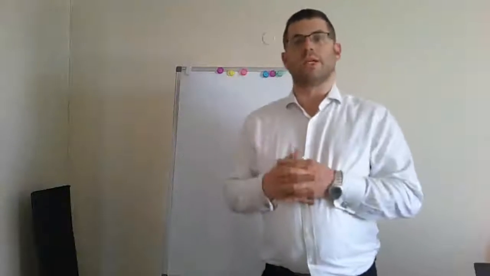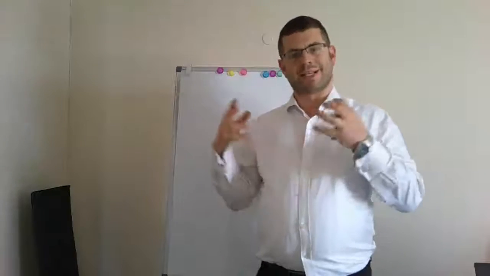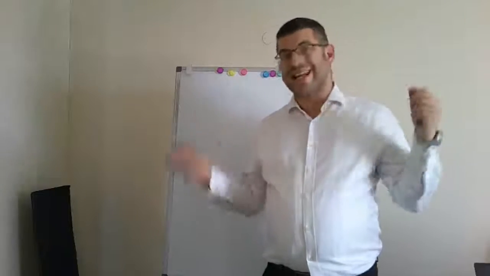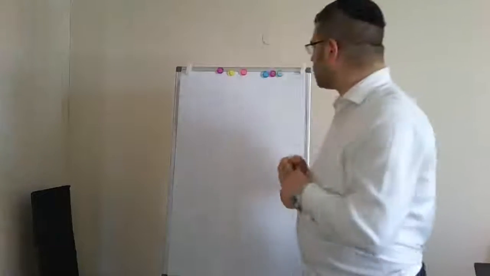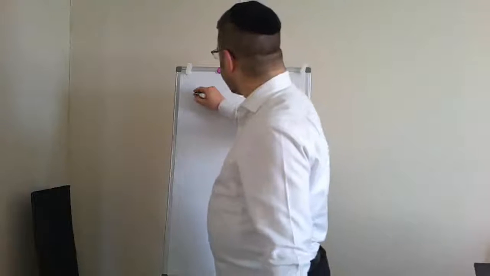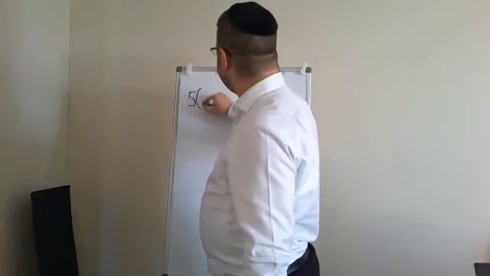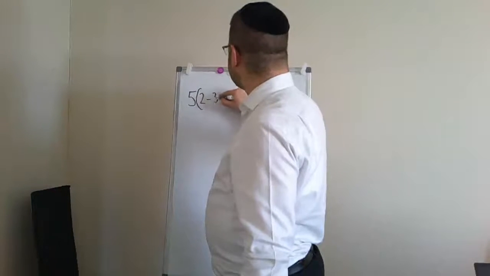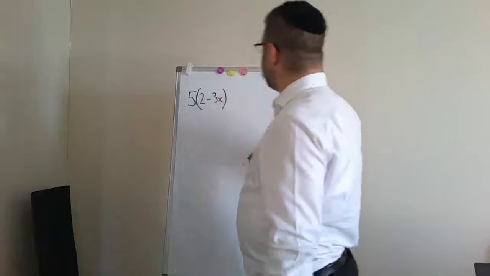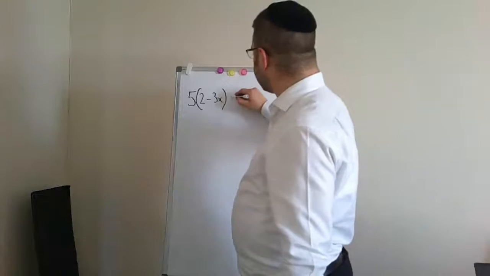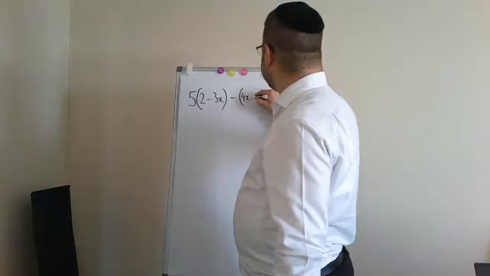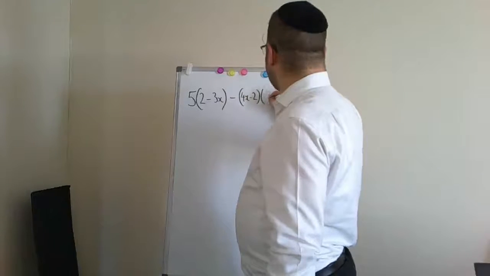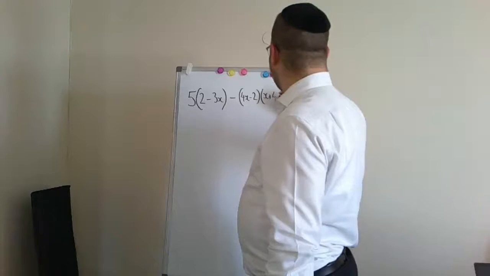The final stage for this video is where you have expansions on either side of an equals. Okay, there's another extra element to worry about here. So let's say that I've got 5 times 2 minus 3x, and a double bracket, minus 4x minus 2 times x plus 4.